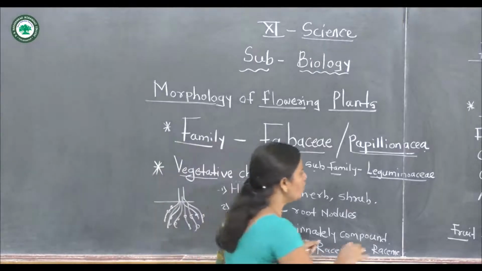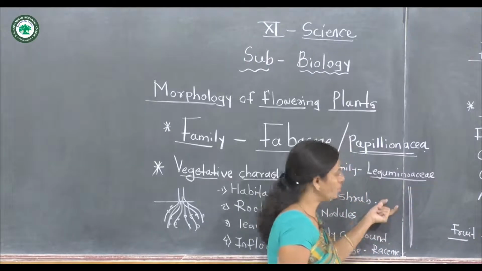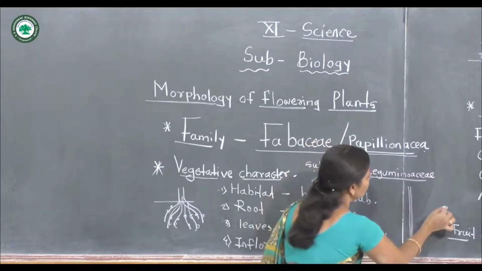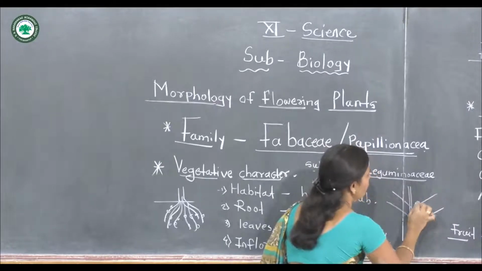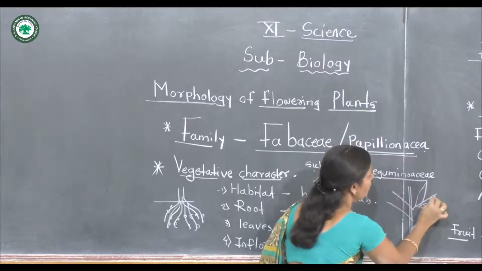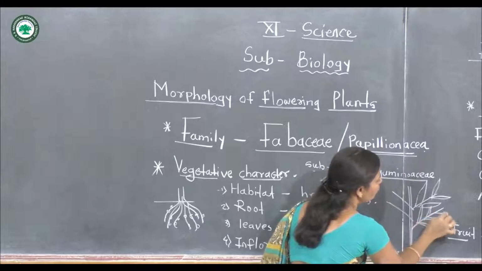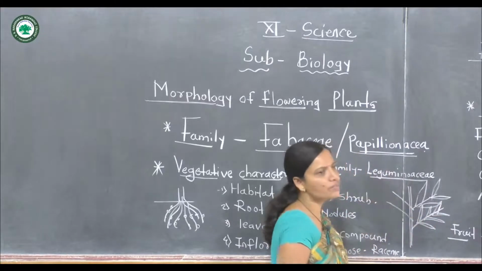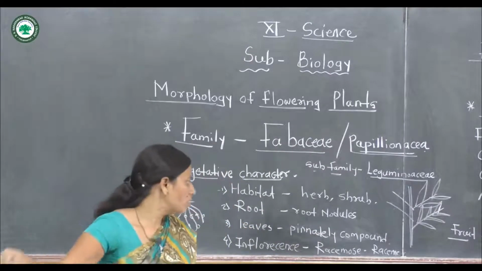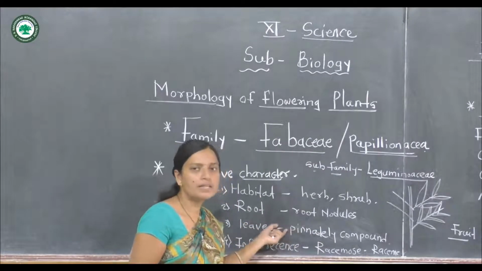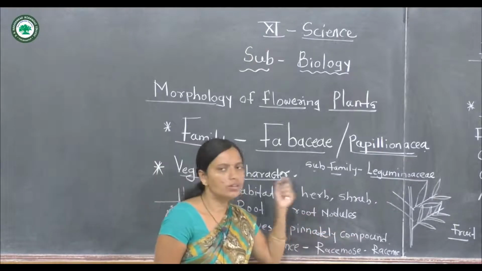These pinnately compound leaves arise on a specific branch, the rachis, and a number of leaflets arise pinnately along it. This is the type of leaf present in this family: pinnately compound.